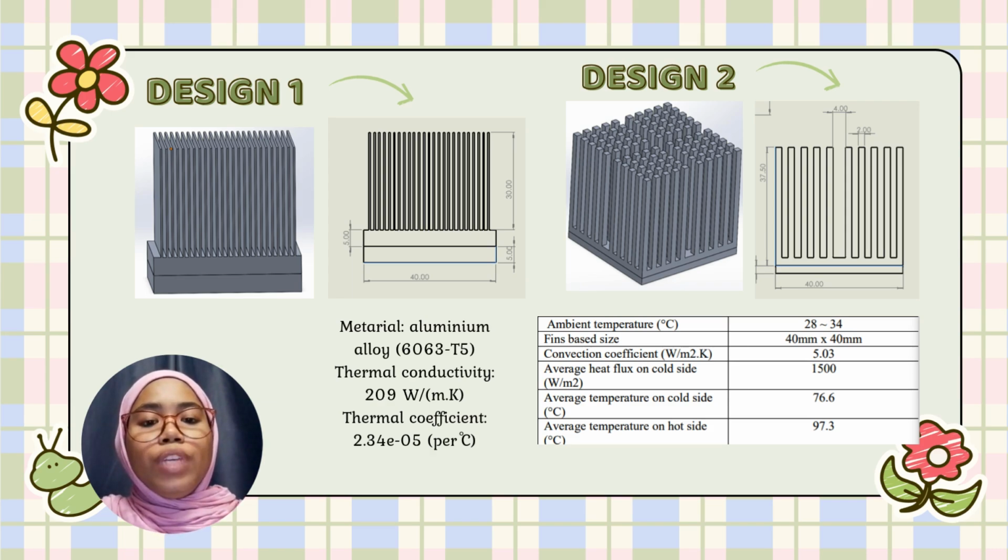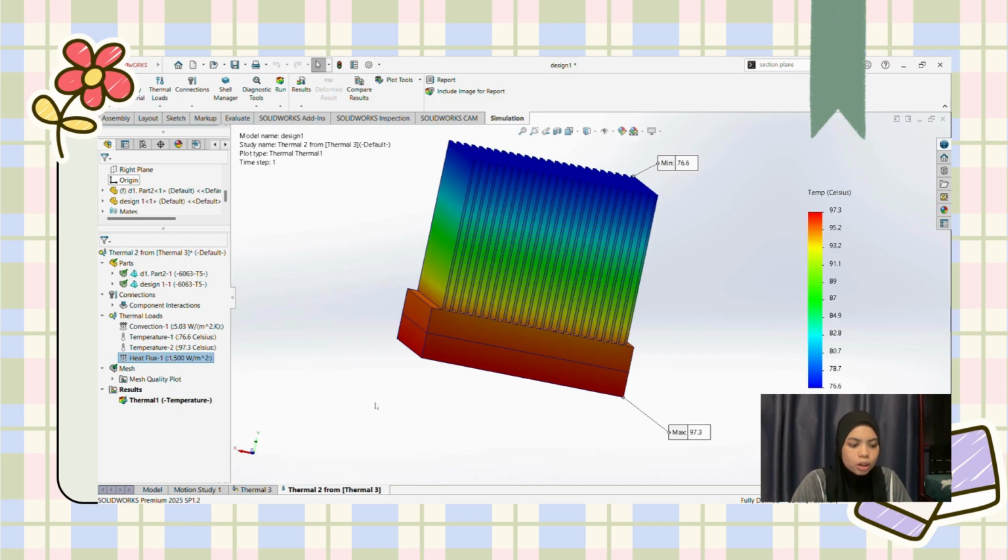After that, for the simulation setting, we also follow the assignment instruction: the convection coefficient we set for this simulation is 5.03, the average heat flux on the cooled side we set 1500, the average temperature on the cool side we set 76.6 Celsius, and lastly the average temperature on the hot side we set 97.3 Celsius.